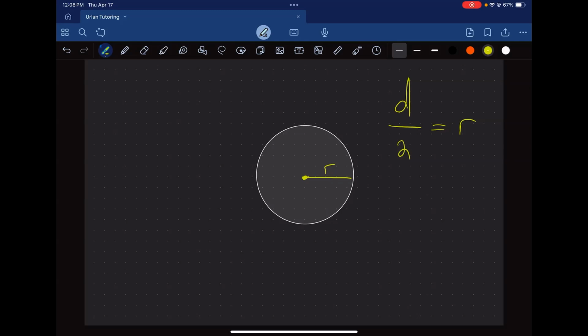If I say that r is equal to 1 unit, and then take another radius r, the same exact length, 1 unit, and compare that to the distance between these, and if this was also 1 unit, this is where radians come from. I have a radius and a radius here, and the distance between these 2 radii is going to be another 1 unit radius. So it's equal to the same thing, and this is where radians come from.